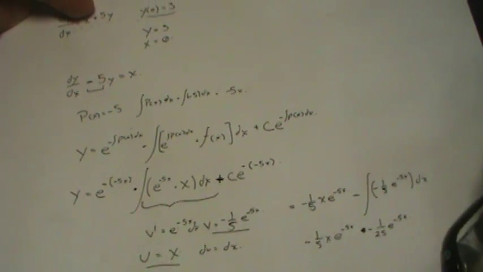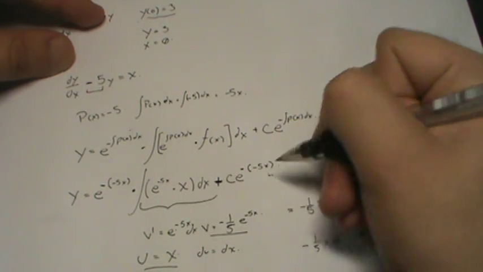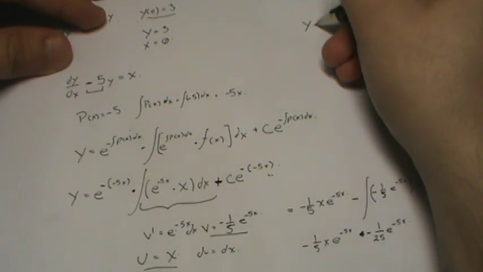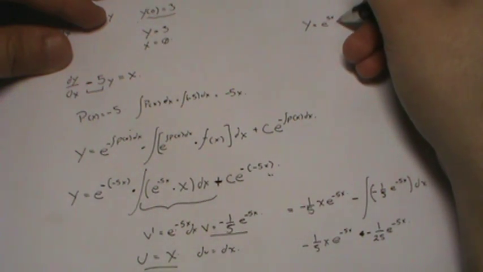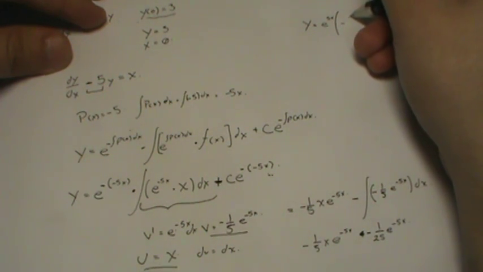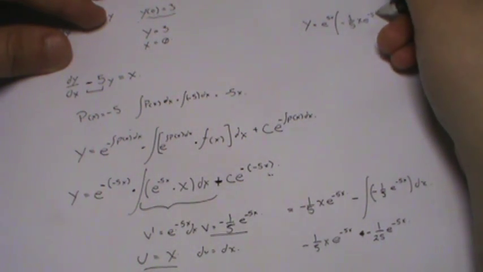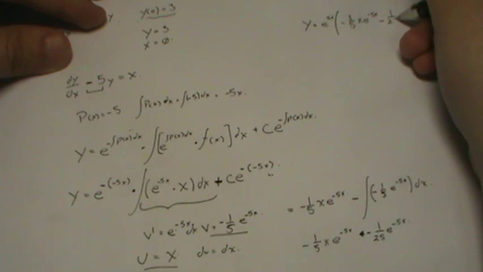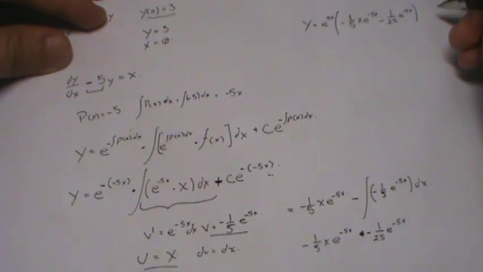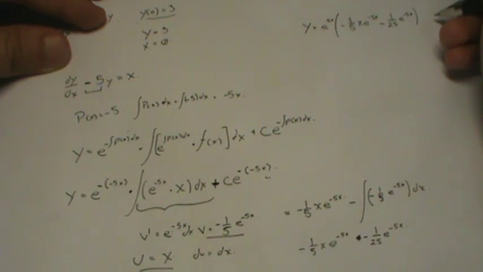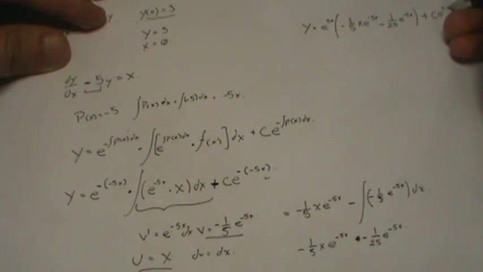And now let's plug everything in there. So from this one, we have y equal to e to the 5x times the integral, so it's minus 1/5 of x e to the minus 5x minus 1/25 of e to the minus 5x, plus c e to the 5x.